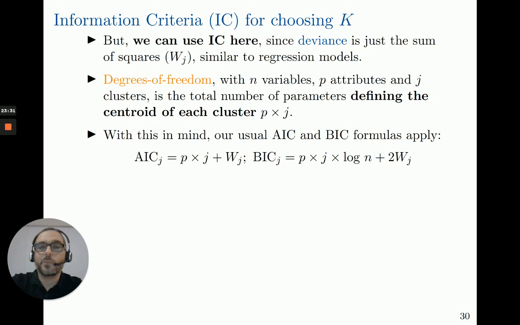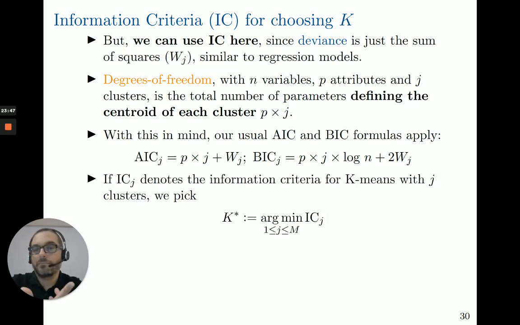So we can compute AIC and BIC type formulas: for AIC, P times J plus WJ, and for BIC, P times J times log N plus 2WJ. And we select K star as the argument that minimizes the IC.